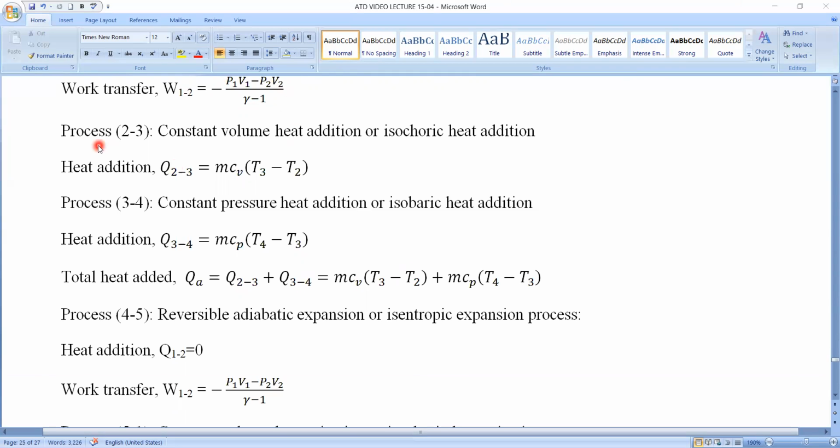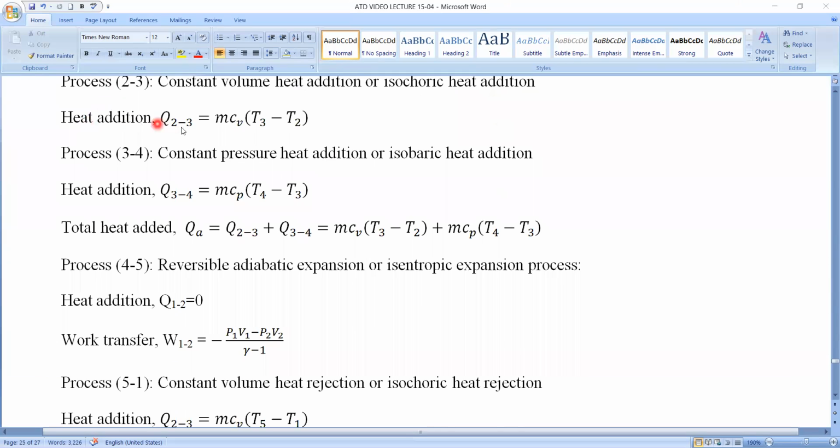Now process 2 to 3 is constant volume heat addition or isochoric heat addition process. Now heat addition during this process, Q2 to 3, is given by m Cv into T3 minus T2. Sometimes the students have confusion while taking the temperature difference.